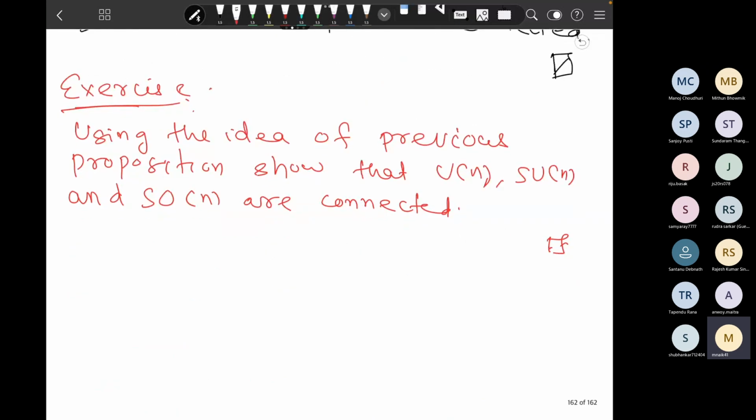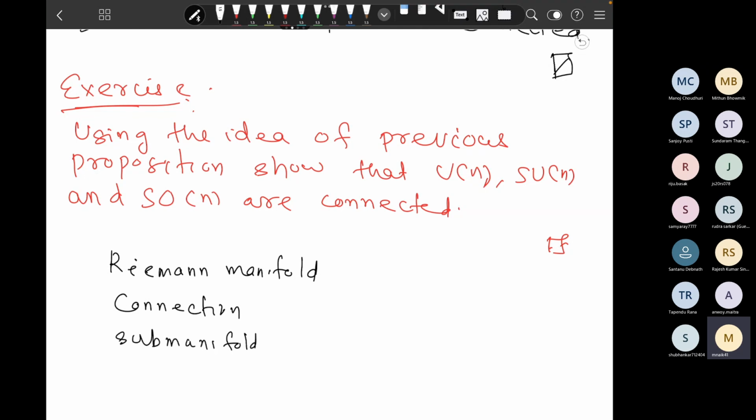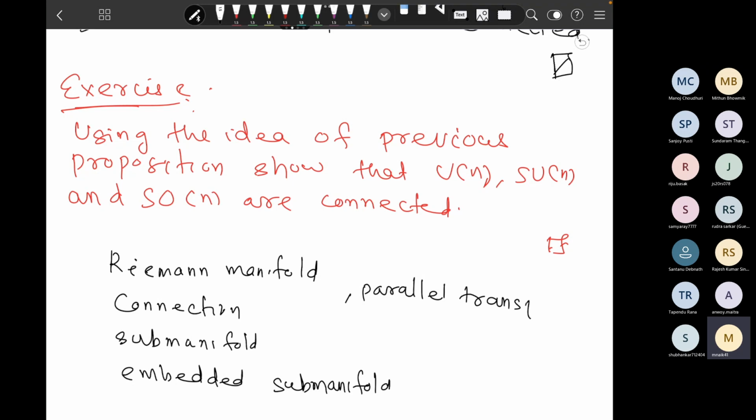For that reason, it is not possible to define all those basic notions of Riemannian geometry and Lie group theory, and I just want all of you who do not know to look at some definitions like Riemannian manifold, connection, embedded submanifold, and parallel transport so that you will be comfortable.